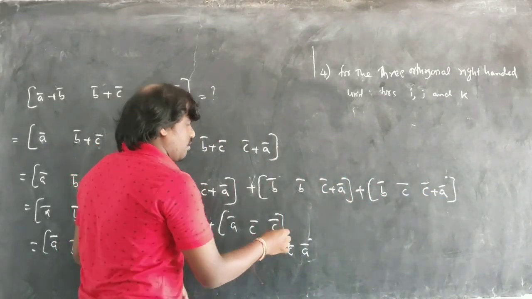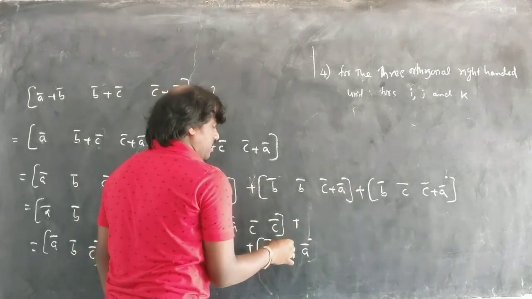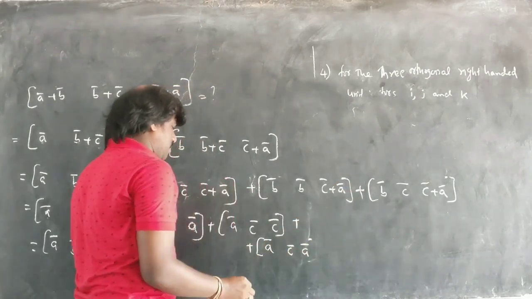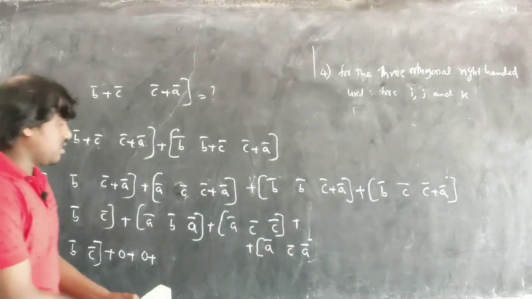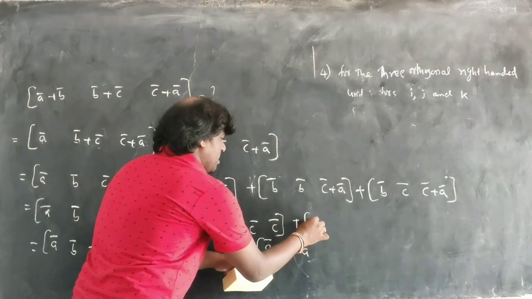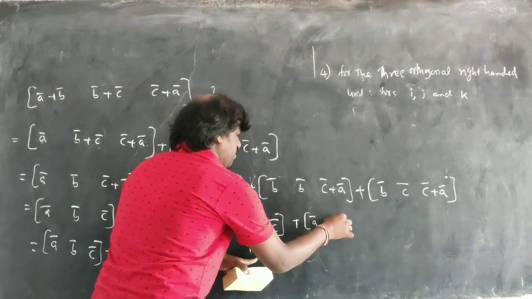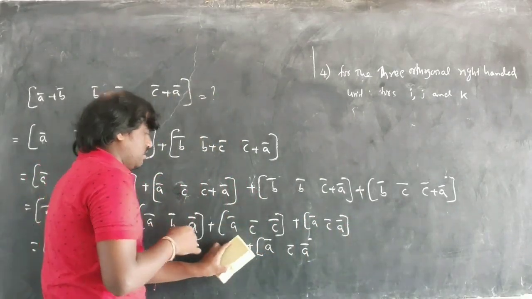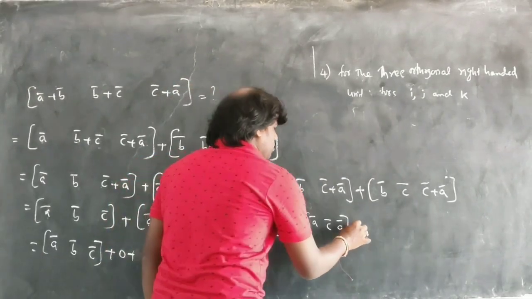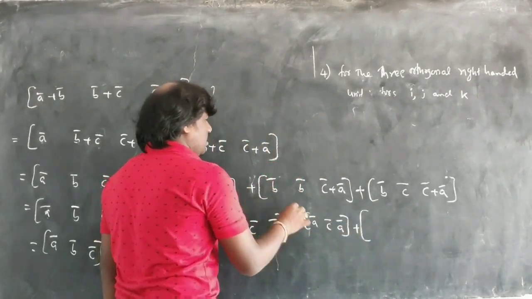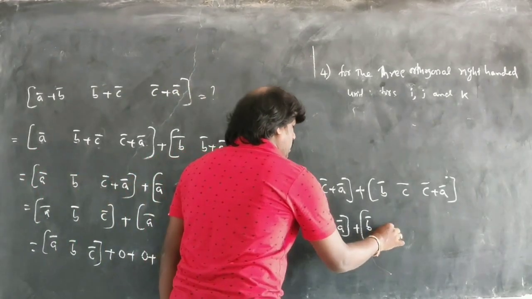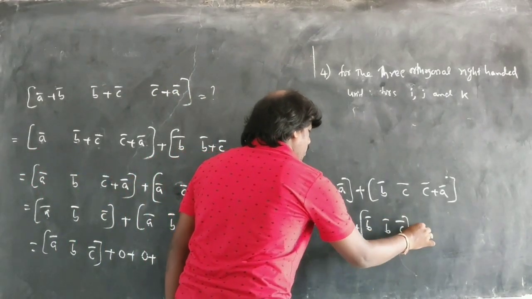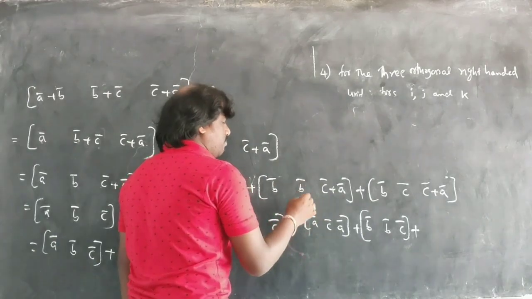In the same way, now I have to break the last one. So if I am breaking the last one, what I do here is write up: A vector, C vector, A vector, this for the whole thing, right? Now this one can be changed as B vector, from here getting B vector, C vector. Now I separated the third part.